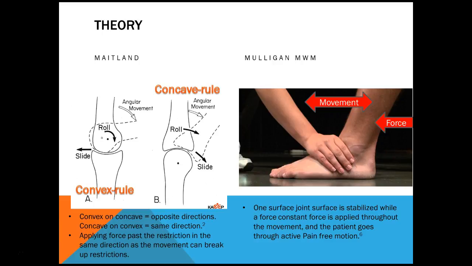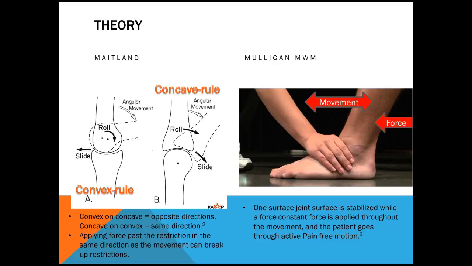because as you can see in the diagram here, the roll and the slide for the concave rule is really what we're looking at. So for the concave rule, you're going to slide in the same direction as the movement. So for the tibia, if you're doing knee flexion, you're going to apply the force from anterior to posterior.